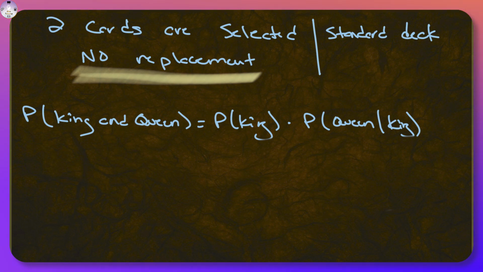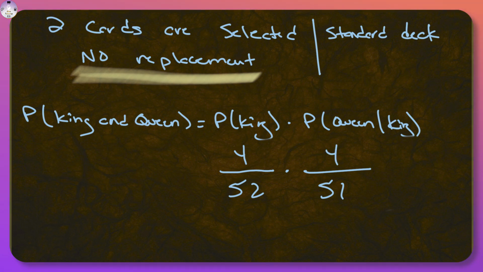Well, the probability of getting a king, we're just drawing the first card. When we're drawing the first card, we have 52 out there, and there are 4 kings in a standard deck of cards. Then we're going to multiply that times the probability that we draw a queen, given that we've already drawn a king. Remember, we've already drawn a king, and we threw that card out, which means that logically we are left now with 51 cards, and there are 4 queens left because that first card we drew was a king.